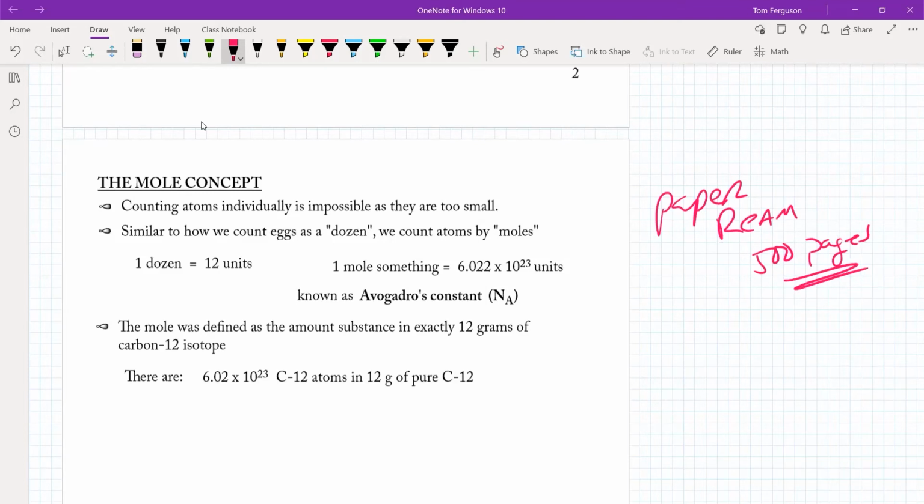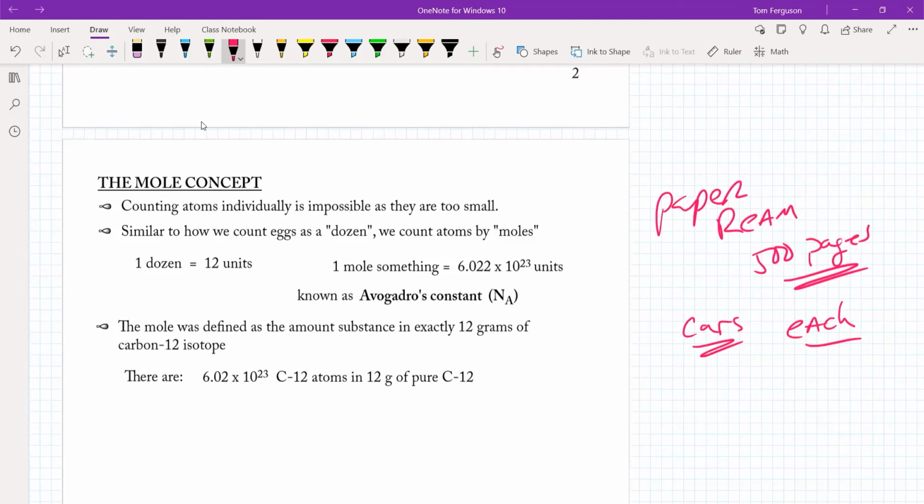If we're talking about cars, if you're selling cars, what's the unit of a car? Well, it's each. So we have a favored unit per industry.